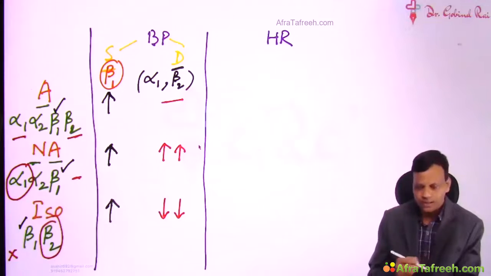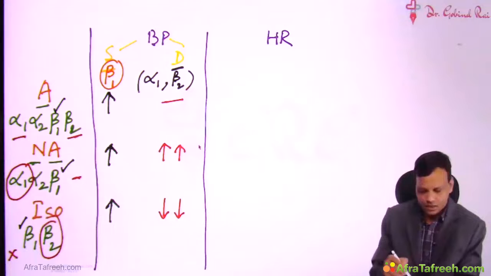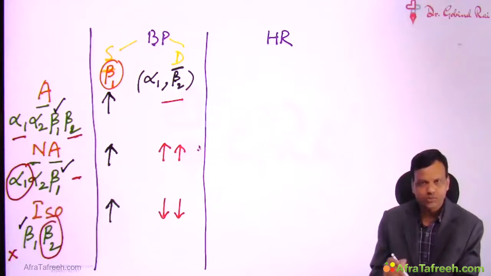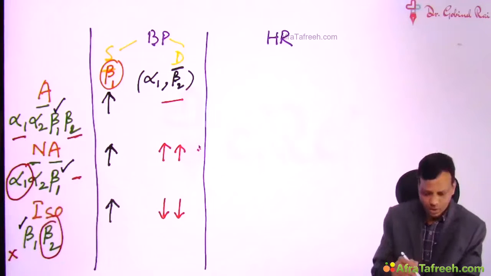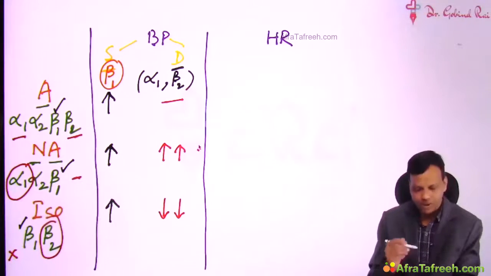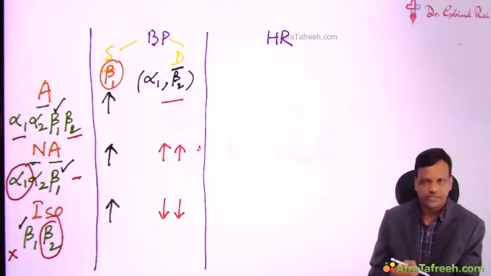So we noted that all the 3 drugs have different effects on blood pressure. Adrenaline has negligible effect, noradrenaline increases diastolic BP, and isoprenaline decreases diastolic BP. Systolic BP is increased by all 3, but for diastolic BP all 3 have different effects.